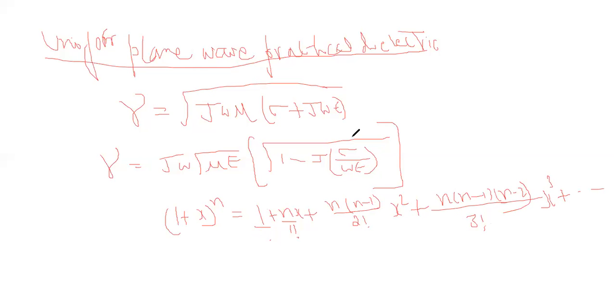So this equation you see here can also be written as j omega under root of mu epsilon, and this function I write as 1 minus j sigma by omega epsilon whole power 1 by 2.